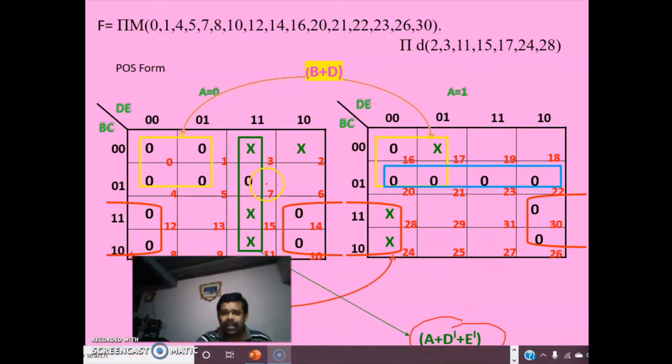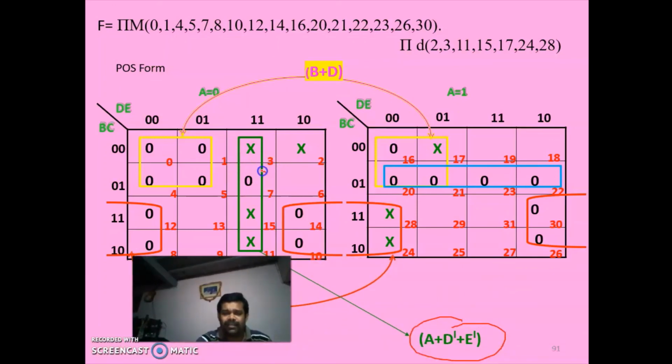But if you take these two, what will you be getting? B bar C D. So you'll be getting B plus C bar plus B bar.